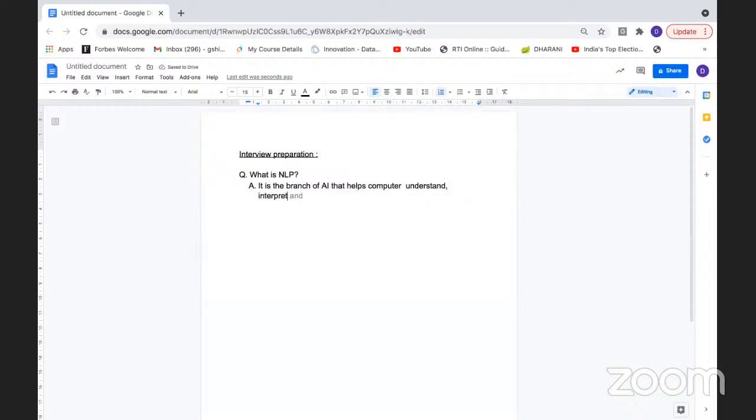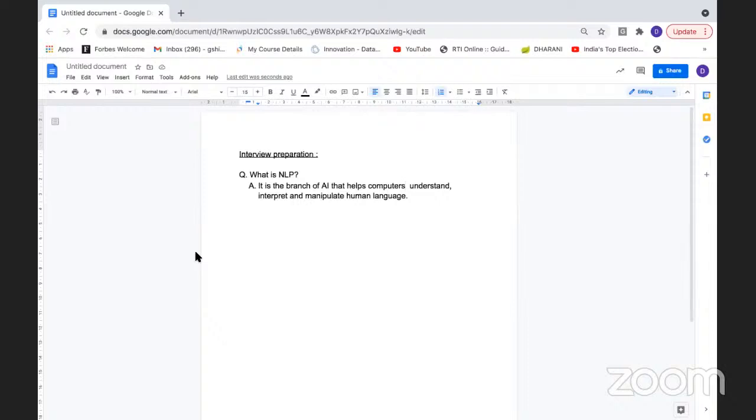Interpret and also manipulate human language. So NLP draws on many disciplines including computer science and computational linguistics, so that it tries to fill the gap between human communication and computer understanding.